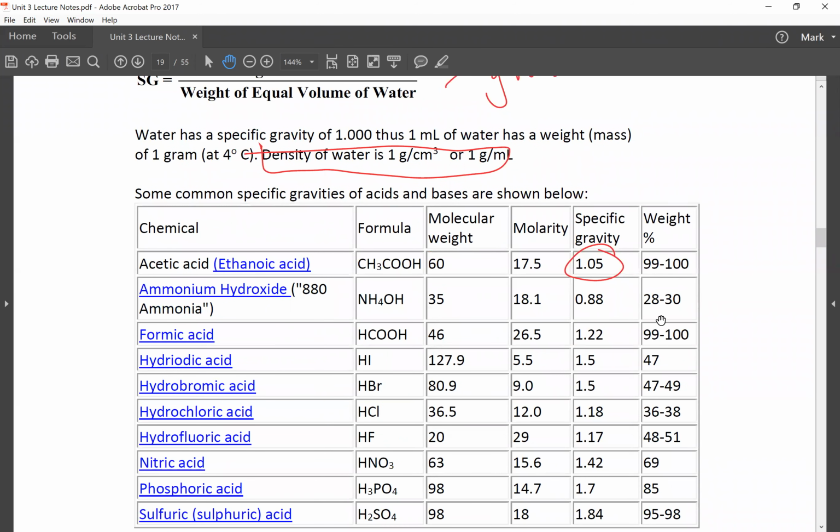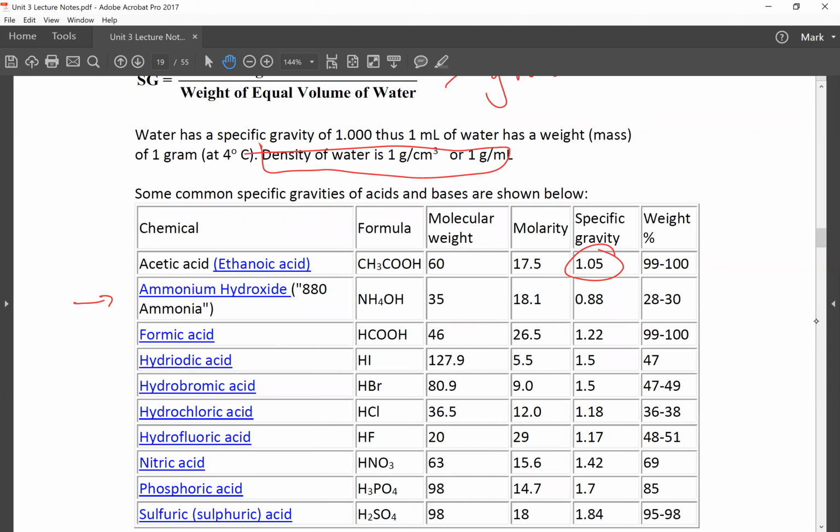Ammonium hydroxide is less dense than water. The specific gravity of ammonium hydroxide is 0.88. This means it's about 12% less dense than water. Okay, formic acid is much more dense than water, 1.22.